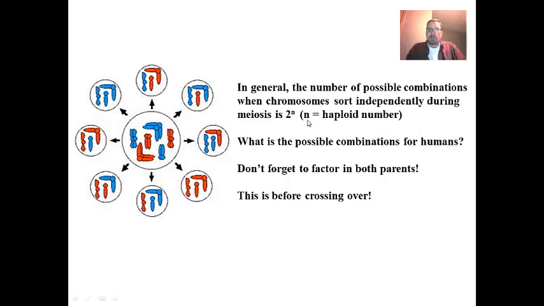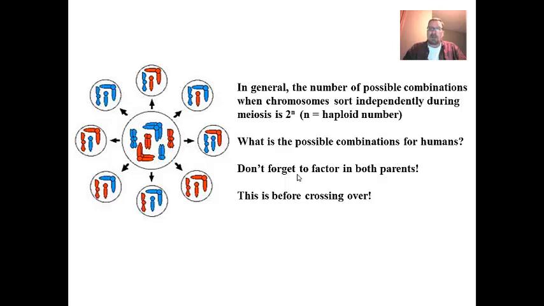It's 2 to the n, n being the haploid number. So what are the possible combinations for a human? The haploid number is 23, that's 2 to the 23rd. That's about 8.5 million combinations of the homologs lining up in different ways. And that's just one parent. That's not both parents.